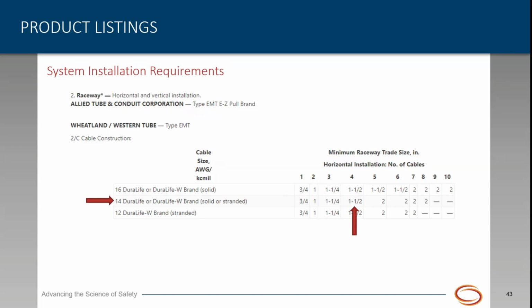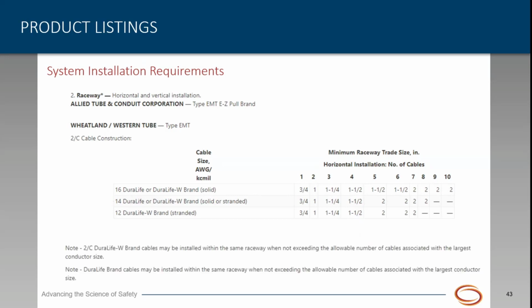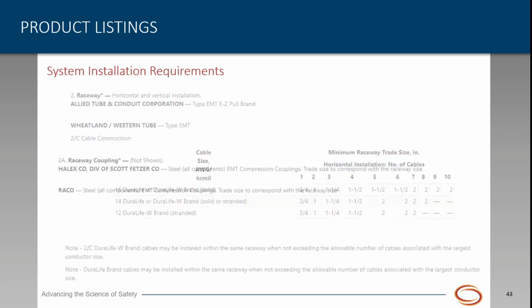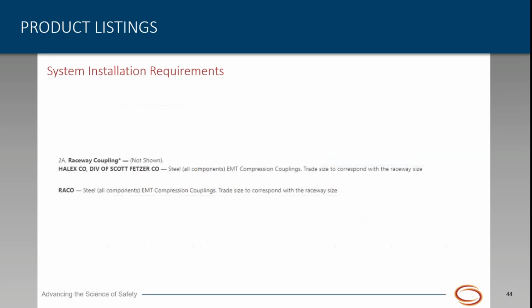You can only do this as it's stipulated in this chart. Now, often notes appear at the bottom of this section to state what rules must apply, and you can take a look at those. There are usually additional sections that indicate what raceway couplings must be used, in this case 2 couplings and similar type requirements.